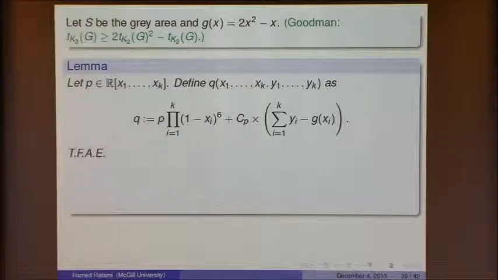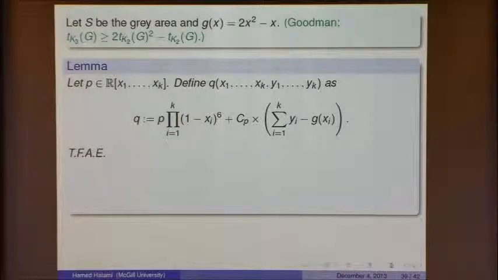I multiply p by this positive polynomial, and I took a high enough power to dampen it and make it a small number, 1 minus xi to the 6. And then on this second term, I have a large integer c, which depends on p. You can take the sum of coefficients of p, for example, or 10 times that, some large number depending on p, times the following: yi minus g of xi.